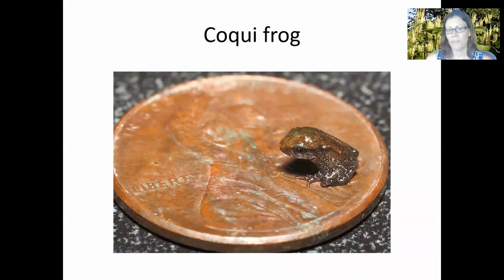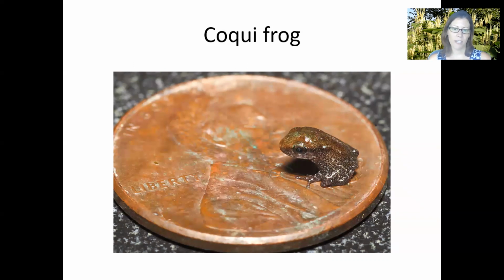Here's another example of an invasive species that has a real clear link to a contaminant pathway. And I would invite you, you're already on YouTube, to go find a YouTube video of the sound of a coqui frog, because they are super loud and really interesting to listen to. It's a tiny frog.